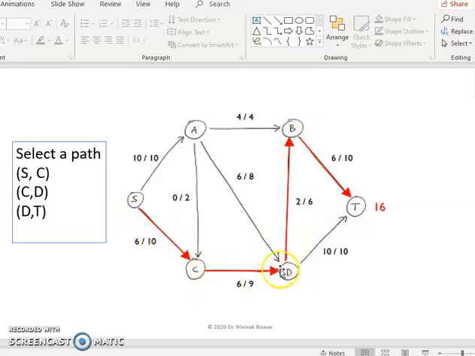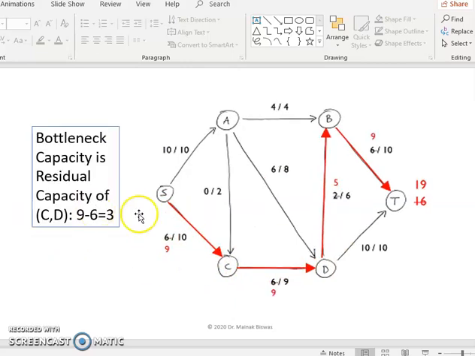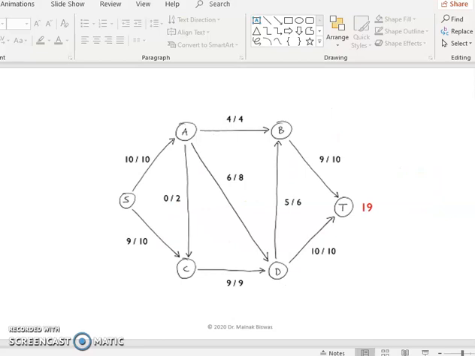So the bottleneck is C to D: 9 minus 6 equals 3. We update it: S to C is 9, C to D is 9, D to B is 2 plus 3, 5, B to T is 6 plus 3, 9, and T becomes 16 plus 3, 19. So this is our final solution.